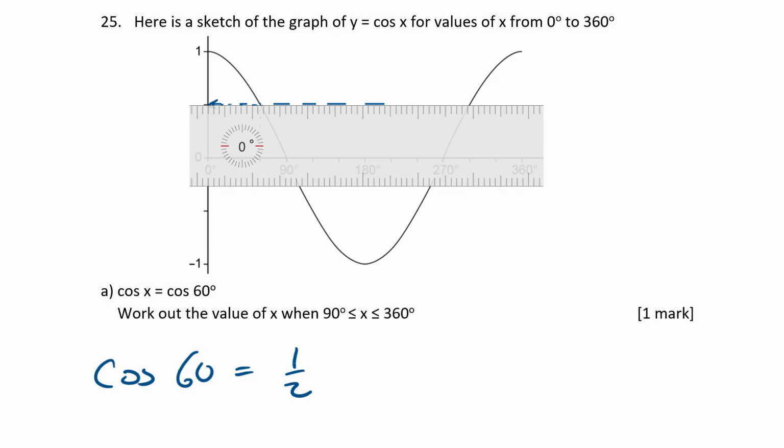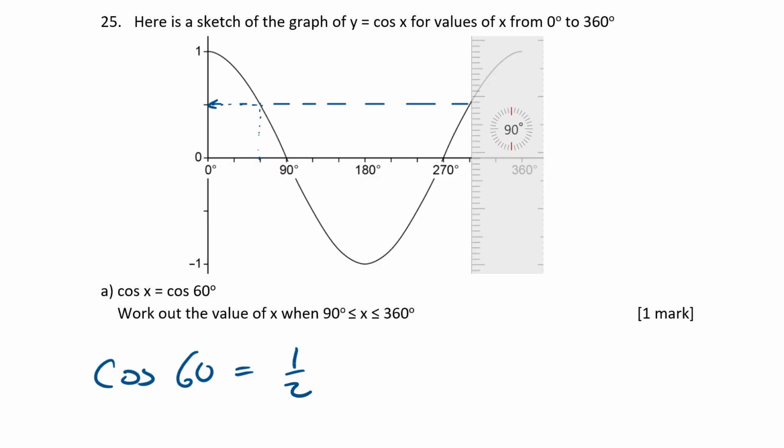What's up with my ruler today? It's gone really wonky. Okay, so if I get to the curve again there and draw down, you'll see that there's a second point that also has a half as its cosine, and it's that angle there.